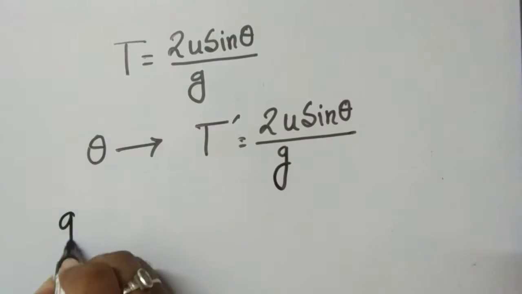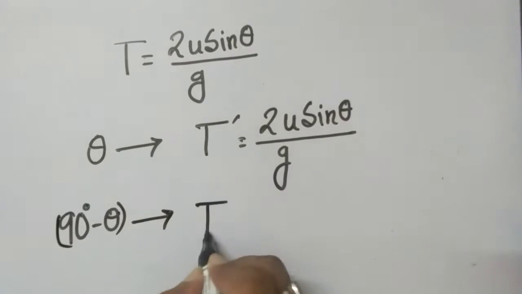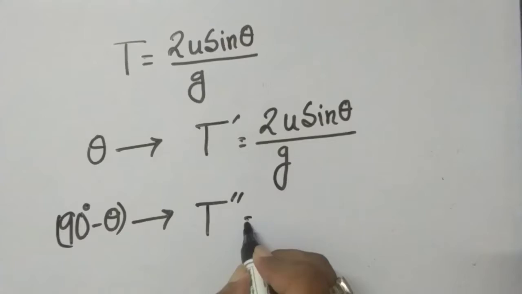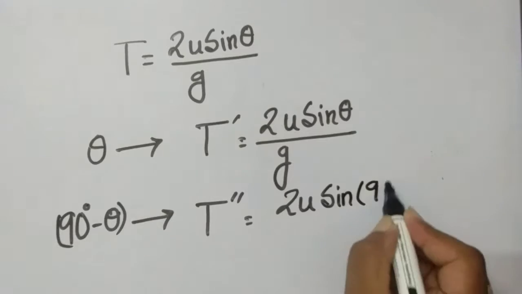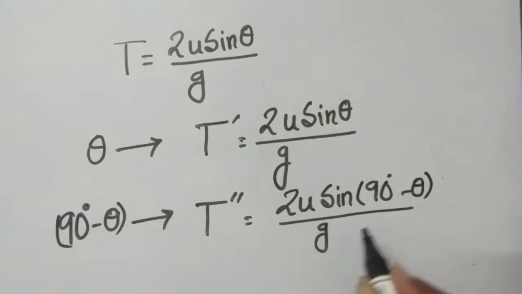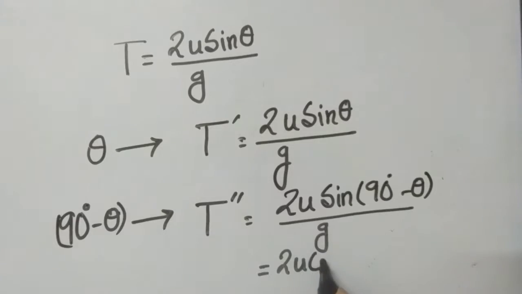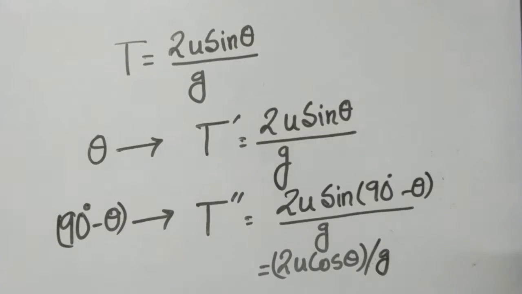But if the angle of projection becomes its complementary angle, that is 90 degree minus theta, in that case the total time of flight becomes 2u sine of 90 degree minus theta divided by g. Then obviously sine of 90 degree minus theta becomes cos theta, so it is 2u cos theta divided by g. Obviously we can see from here that t prime is not equal to t double prime.